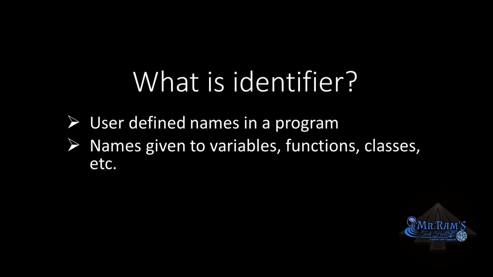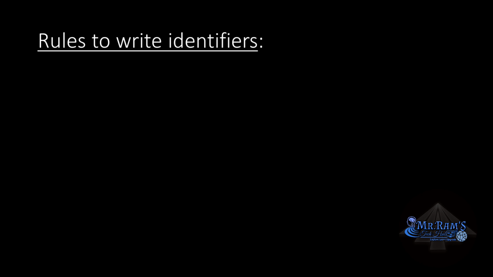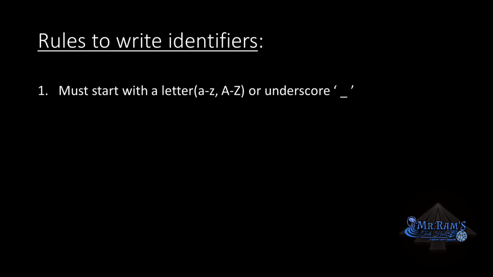Whatever you are writing in the program, like variables, functions, classes, those names are known as identifiers. To write those names, we need to follow some rules as well. What are the rules to write identifiers? It must start with a letter, A to Z, small letters or capital letters, or an underscore.